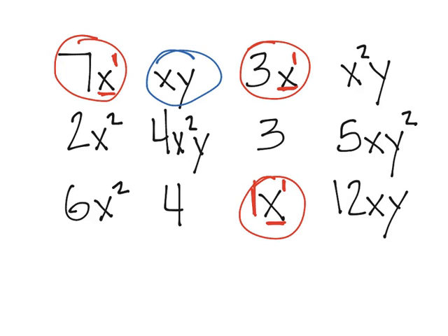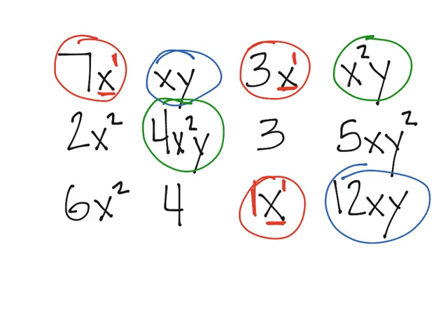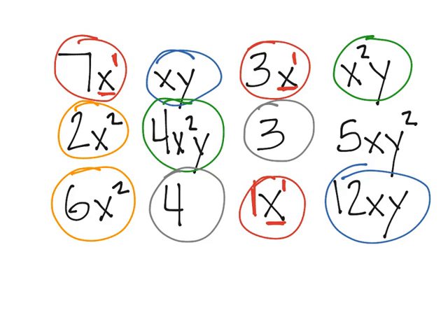xy matches up with 12xy, x squared y matches 4x squared y, 2x squared matches 6x squared, and the value of 3 matches the value of 4. This is because while they don't have a variable, they both don't have variables.